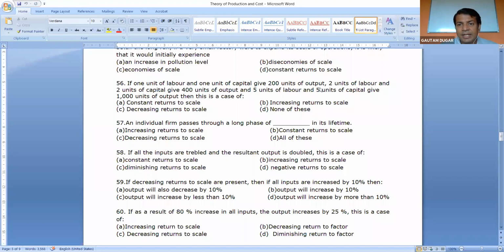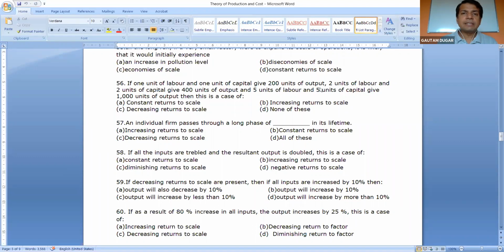You know why? Because I explained it right now with an example. One labor, one capital is giving 200 units. Two labor, two capital is giving 400. So that is constant. Why? Because you have doubled the inputs, and output is also doubled. So that is A, constant returns to scale. Increasing returns takes place when output has increased in a greater proportion.